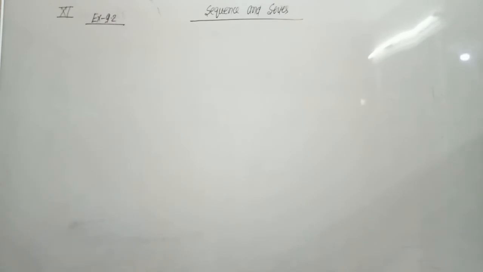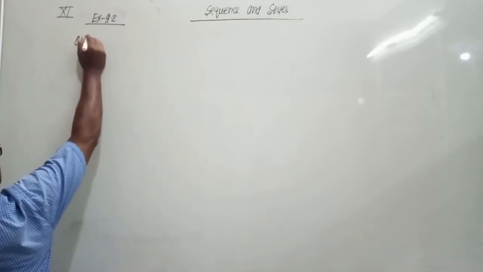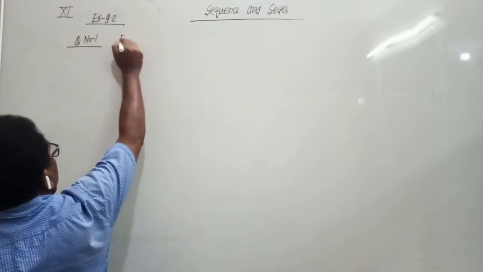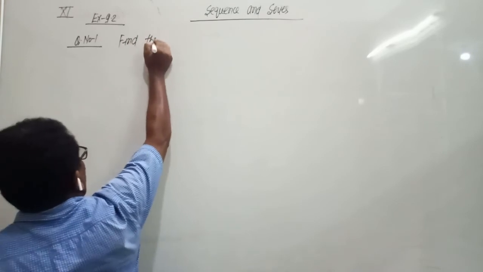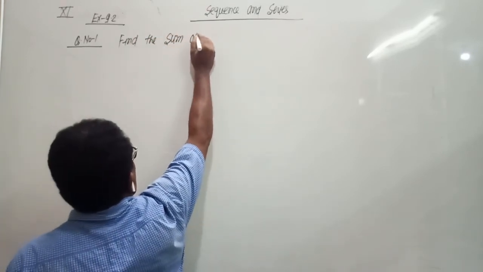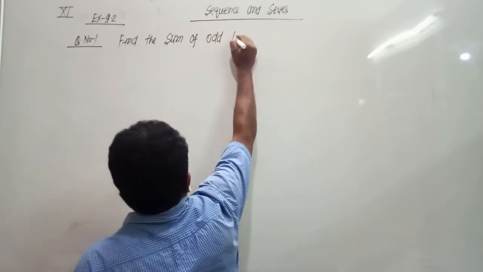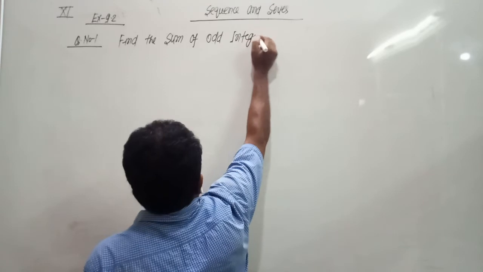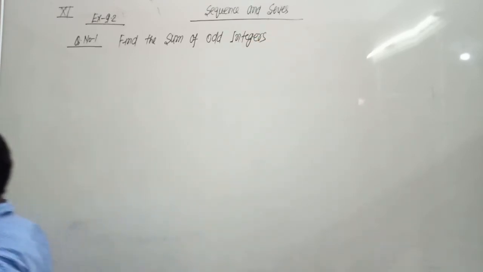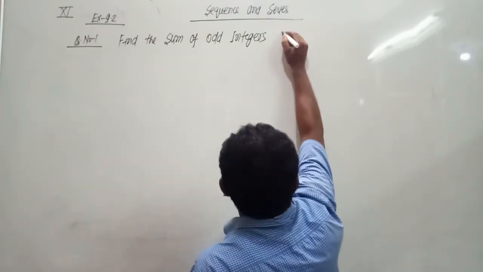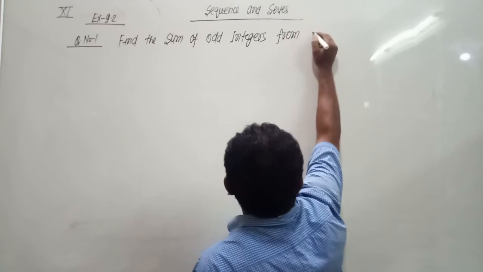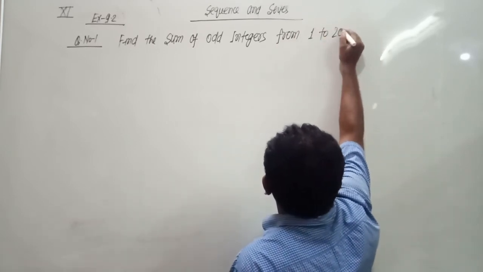Now the first question of exercise 9.2. Find the sum of odd integers from 1 to 2001.